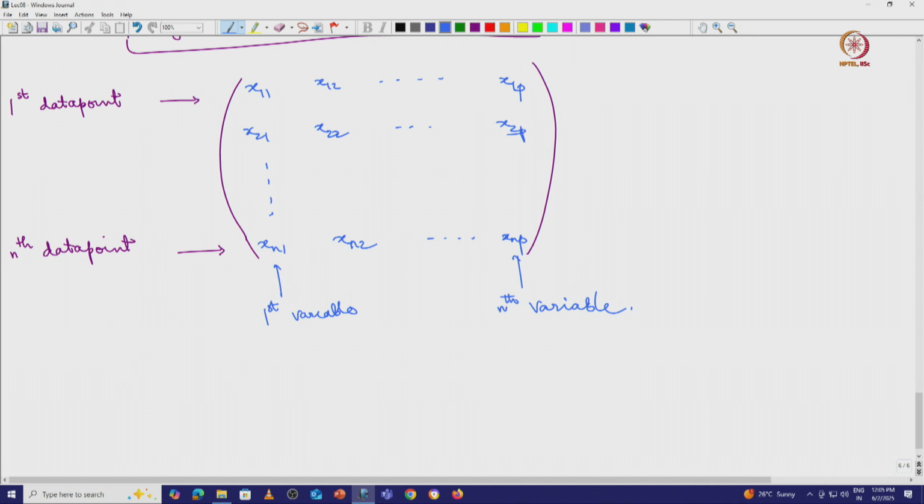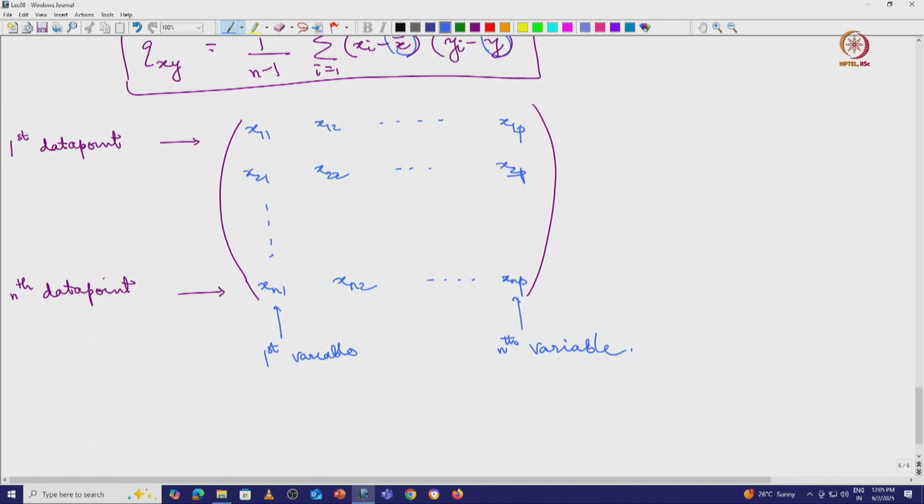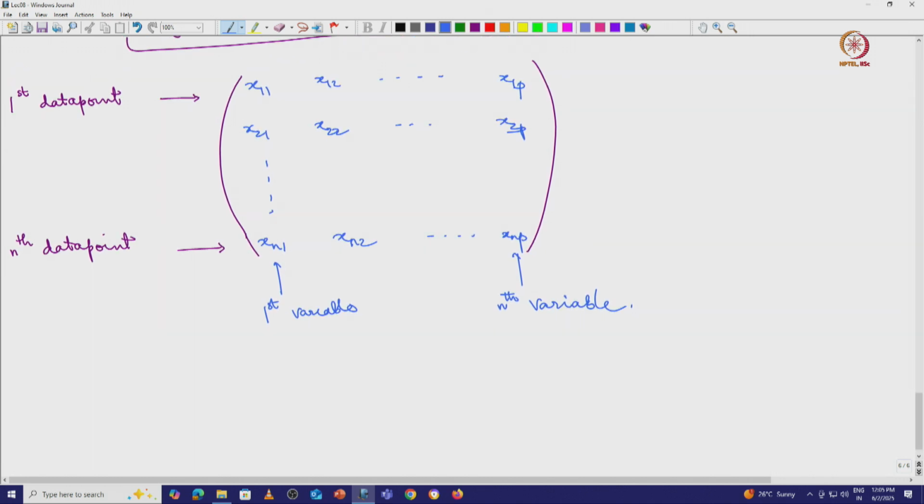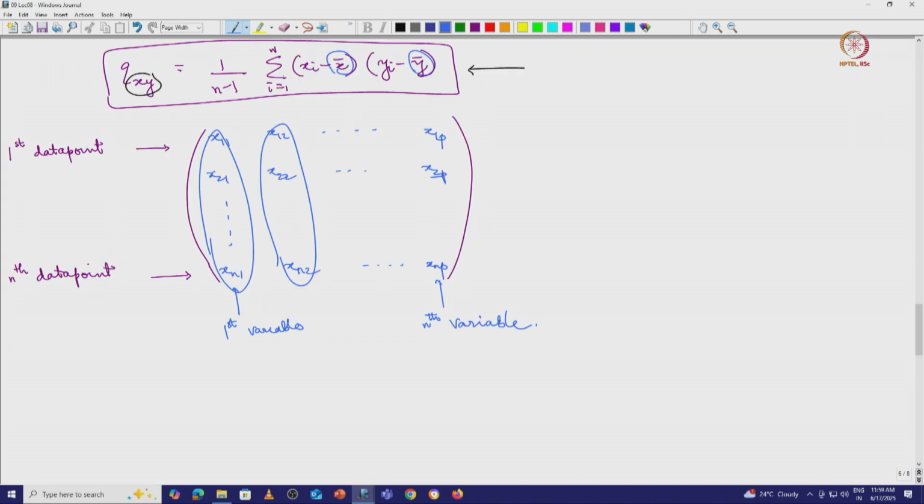So now for this particular data set one can define the vector of means. If you look at the expression for the covariance matrix, you have the means of the variables coming in there. So we have to compute the mean of each variable.